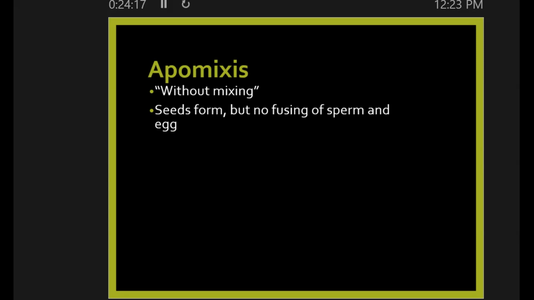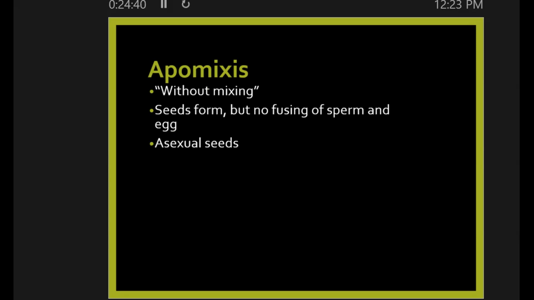That's not what happens. These are essentially asexual seeds, almost like cloning themselves in a really weird way. You don't have true pollination occurring. Sperm and egg don't fuse, and yet you still get a seed. Again, very bizarre. Basically they refer to them as asexual seeds.